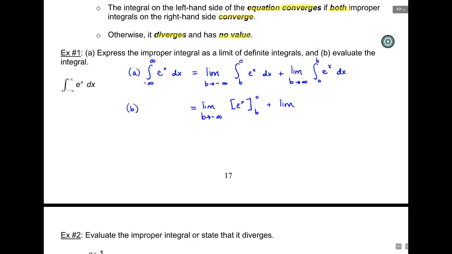We get the same thing here, because when we integrate, we get e to the x, and we want to evaluate this from 0 to b. So we get e to the 0 minus e to the b, plus the limit as b approaches infinity of e to the b minus e to the 0.